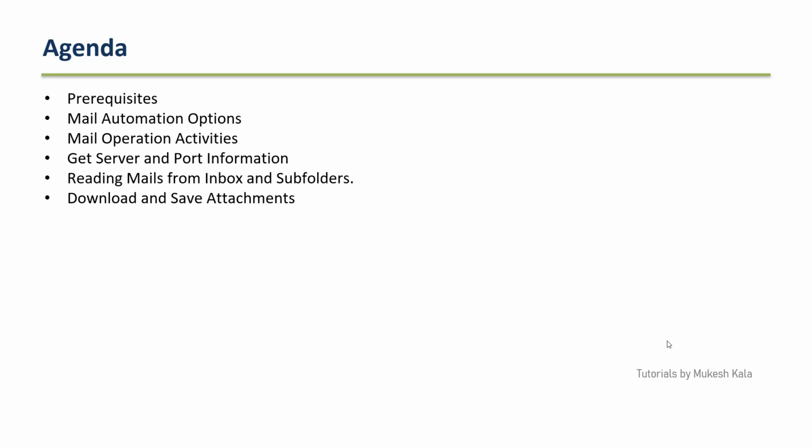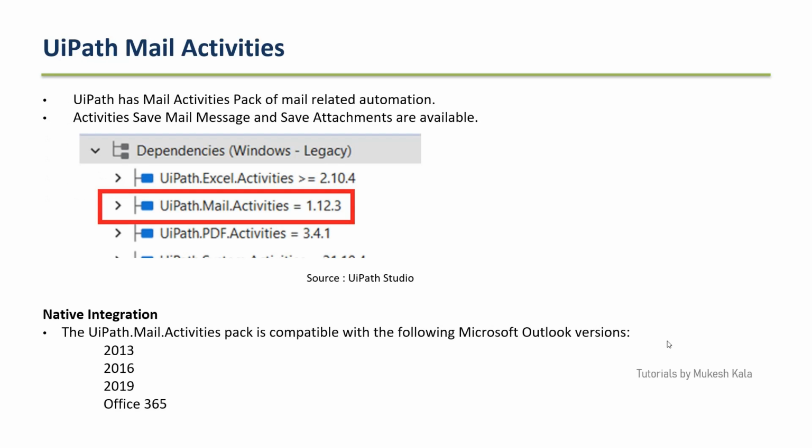Next, we are going to see how we can read emails from the inbox or any subfolders which are available. And at the end, we are going to see how I can download and save the attachments. All of this we are going to do with the help of UiPath Studio. So let's get started by looking at the first topic, which is the prerequisite.